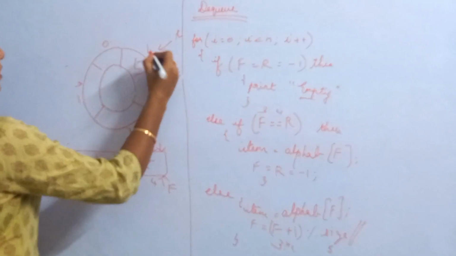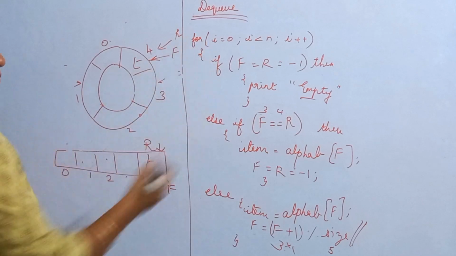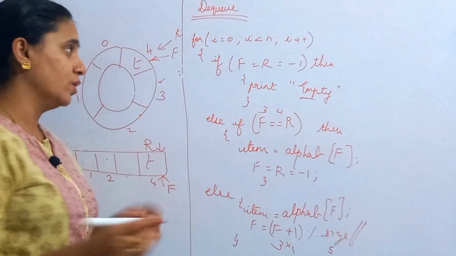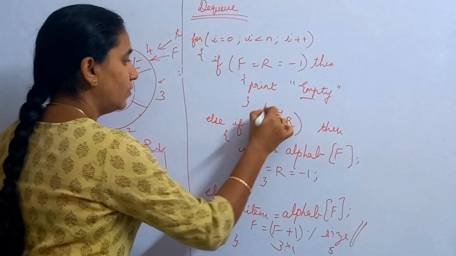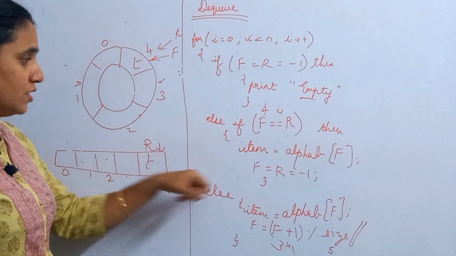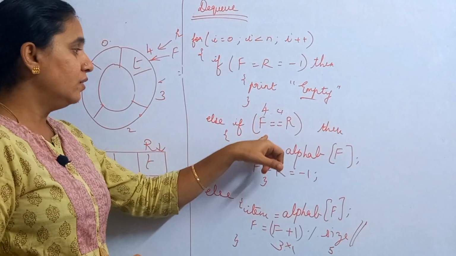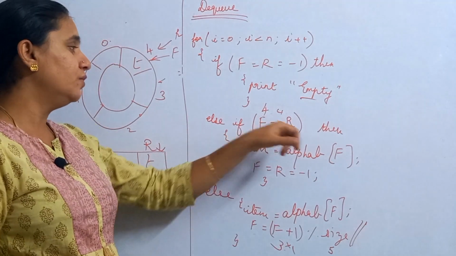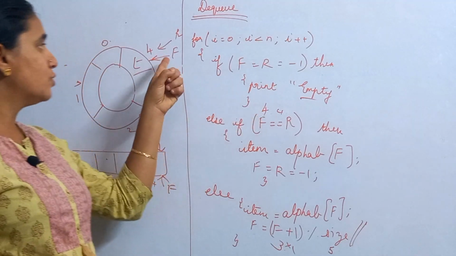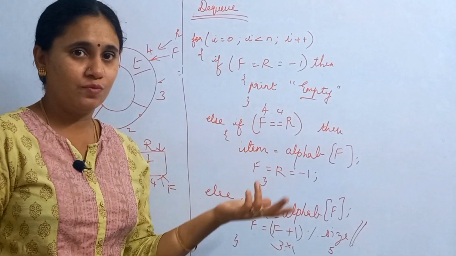So here also it is pointing to front. Okay. So now what is the front value? Front value is 4. So now check the condition. So this is eventually false. So now you see front is equal to rear. So here if you see, both the conditions are true. See, front value is also 4, rear value is also 4.